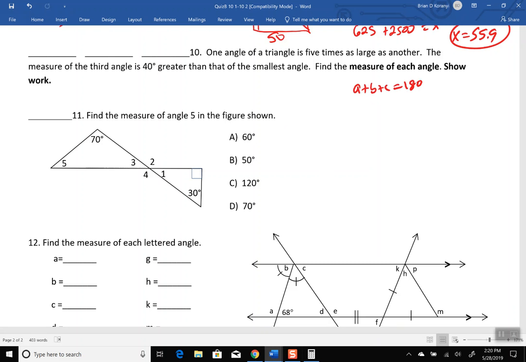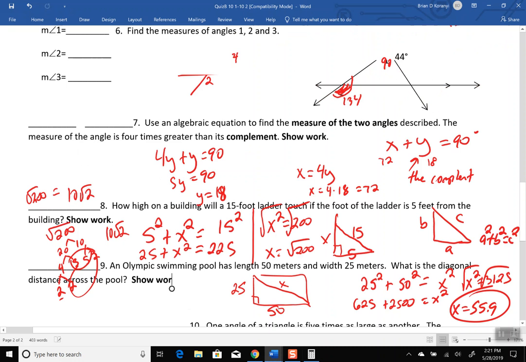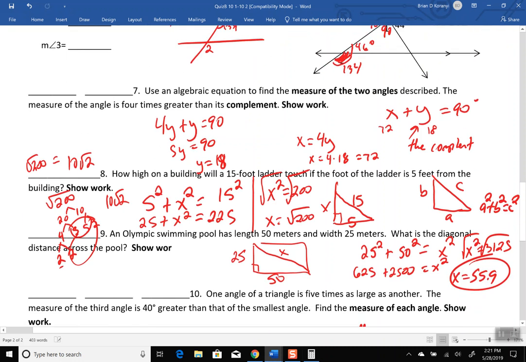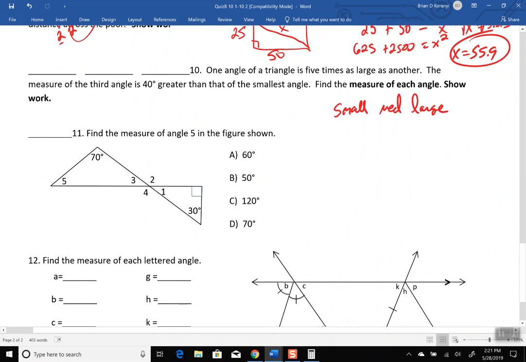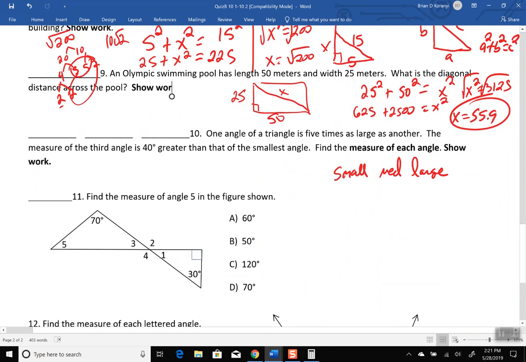Okay, so we have, let's say, 3 angles. We have small, medium, and maybe the largest one. So one angle of a triangle is 5 times as large as another. And the measure of the third angle is 40 degrees greater than the smallest one.